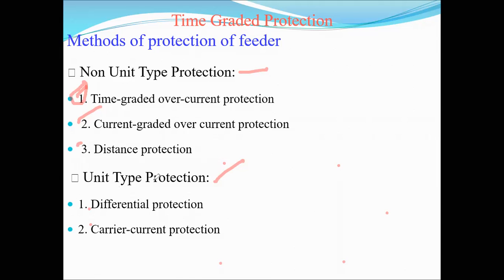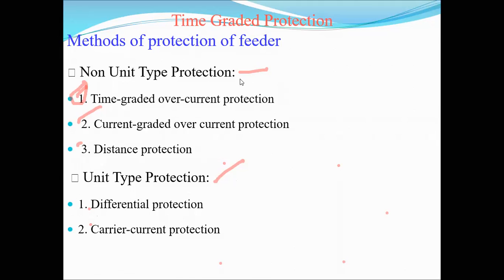Next type is the unit type of protection. Unit type of protection is the differential protection, and next one is the carrier current differential protection. Therefore, the feeder protections are divided into two types: the non-unit type of protection and the unit type of protection.